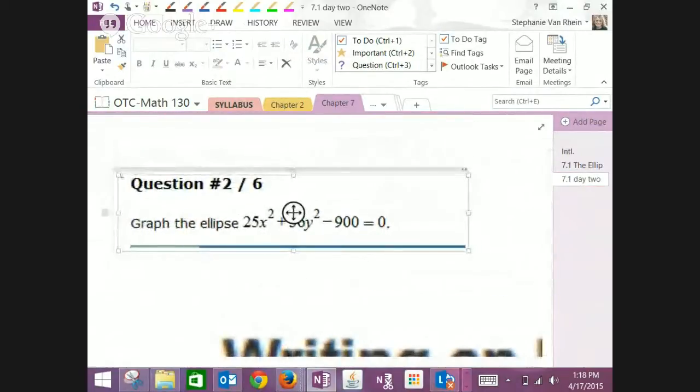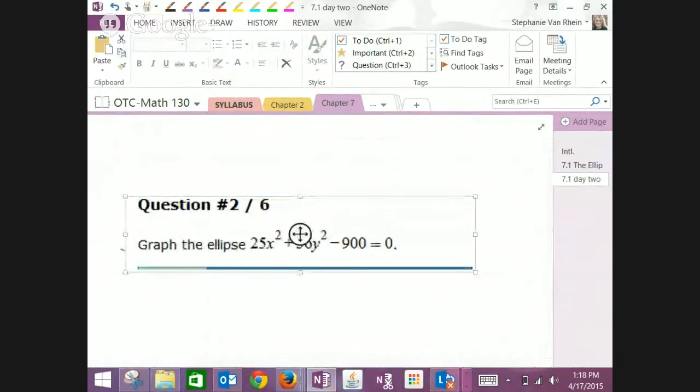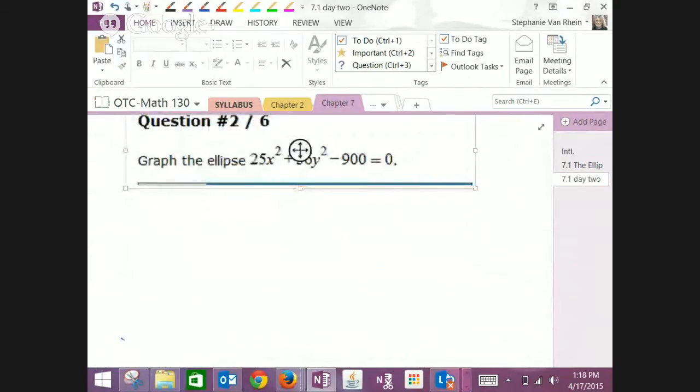Add 900 to both sides. So I'd have 25x squared plus 36y squared equals 900.